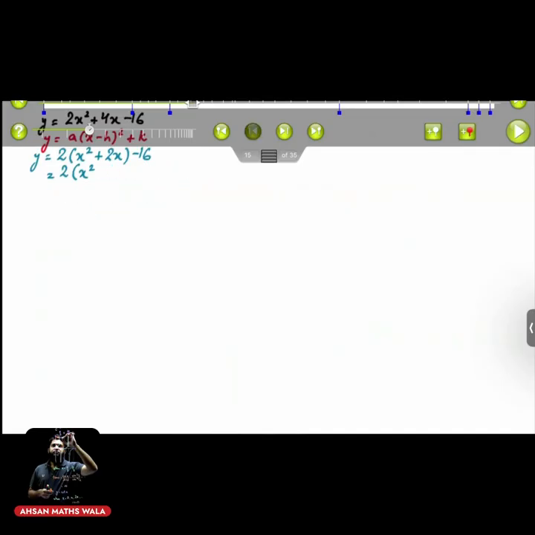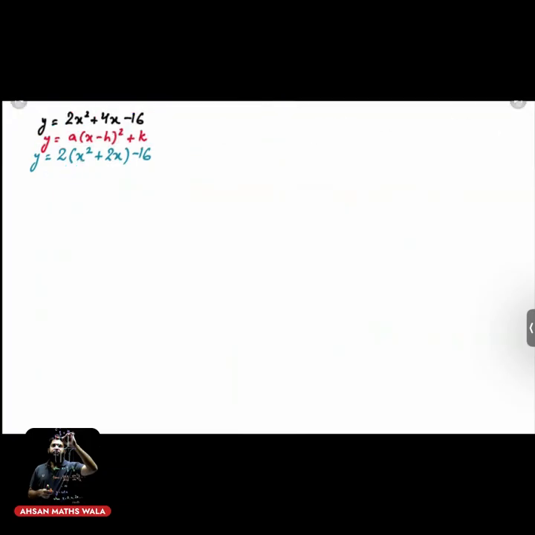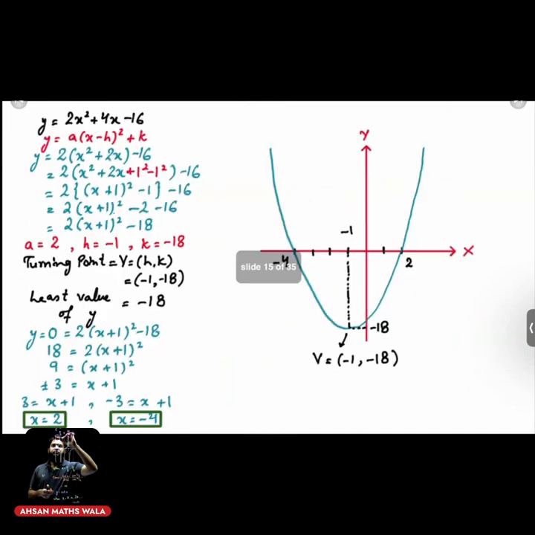Okay, जी. Look at this question. They are asking us to convert the question into the given form. So first of all, I took 2 common. So let me solve this question for you guys separately.